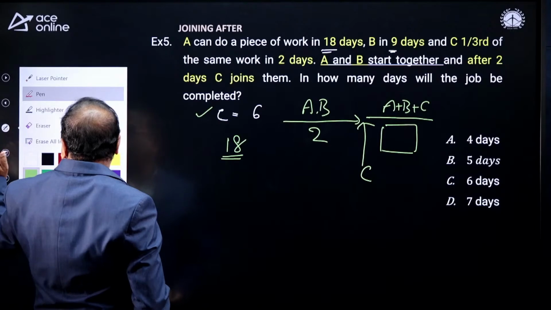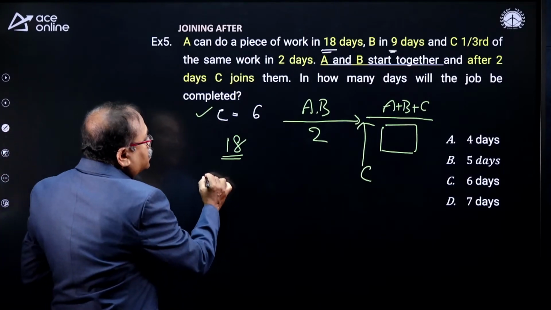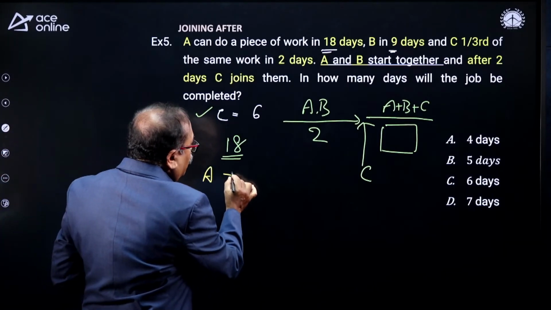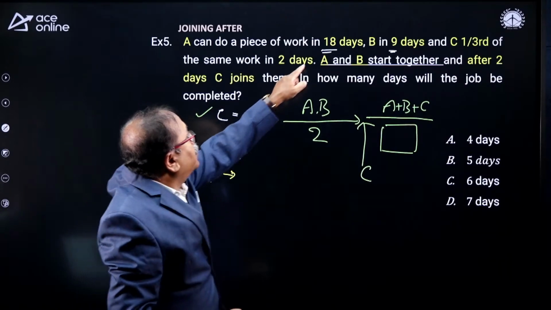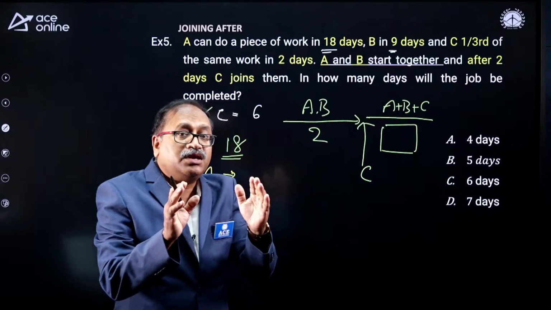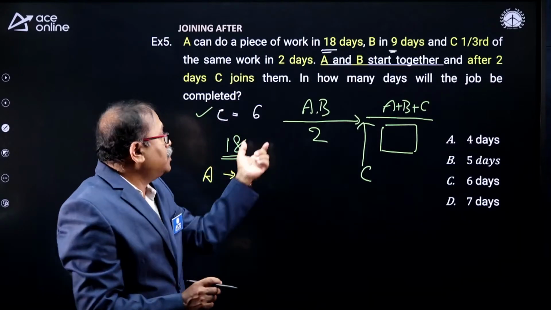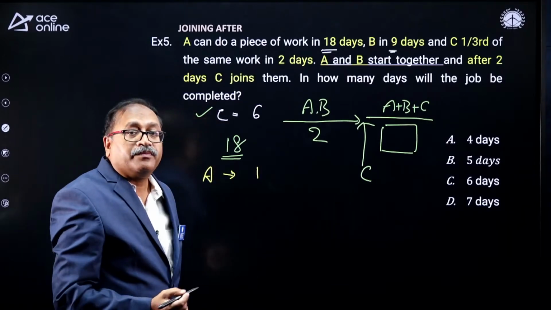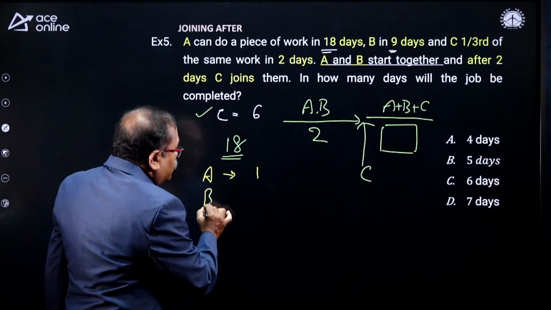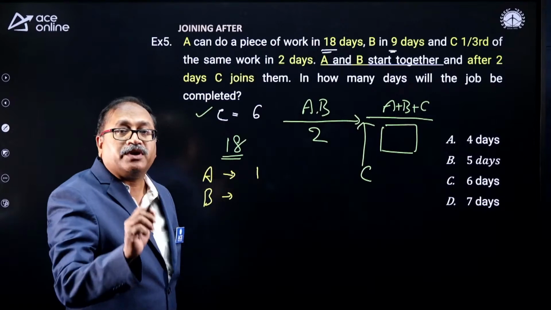Now I will find out how many units A completes per day. 18 units are there and he takes 18 days to complete. That means per day 18 divided by 18, that's 1 unit per day. The same way, let's calculate how many units B completes per day.